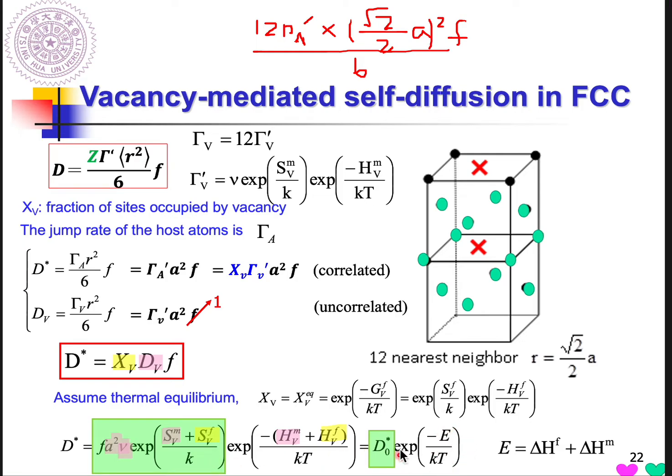The energy in the second term includes the vacancy migration energy and the vacancy formation energy, E.